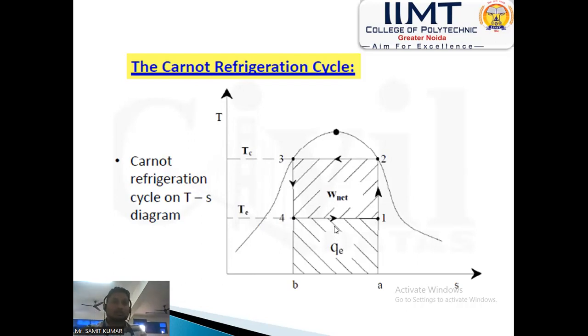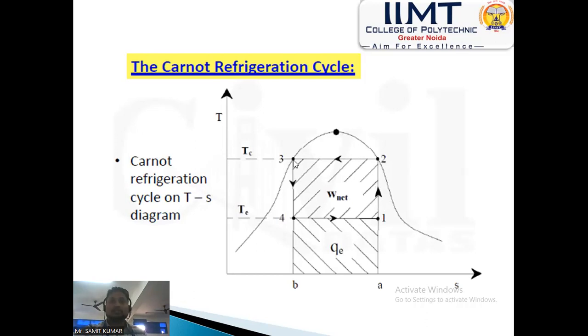That is not possible in real life, but it is a hypothetical cycle, and from this cycle we conclude the optimum COP for heat released by the system. First, 1 to 2 is the work done by the compressor.